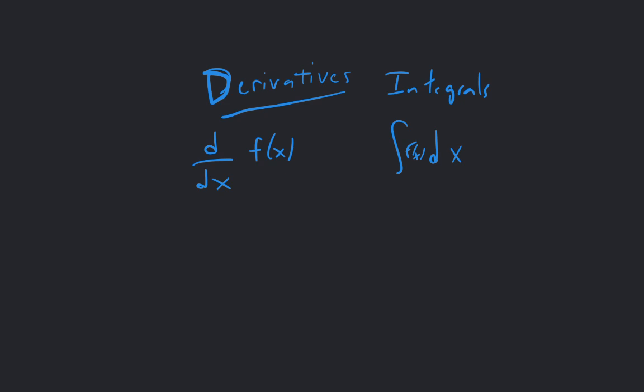Derivatives are basically, if you have a function, let's say we have x squared, the derivative would be the instantaneous rate of change.